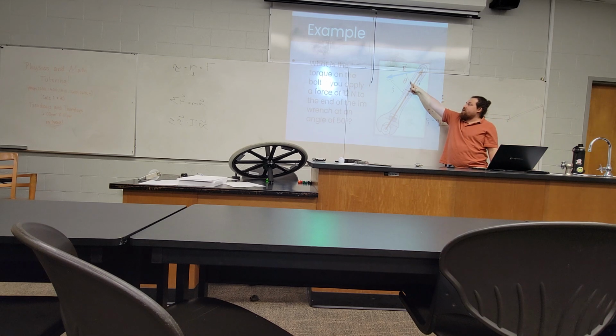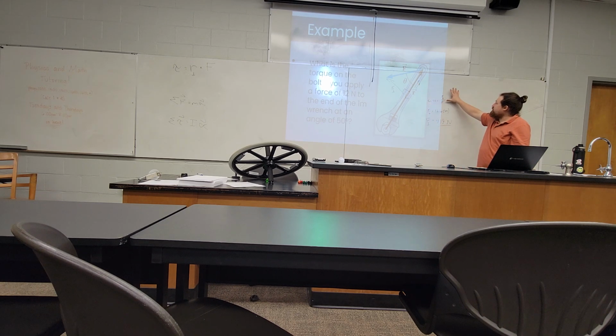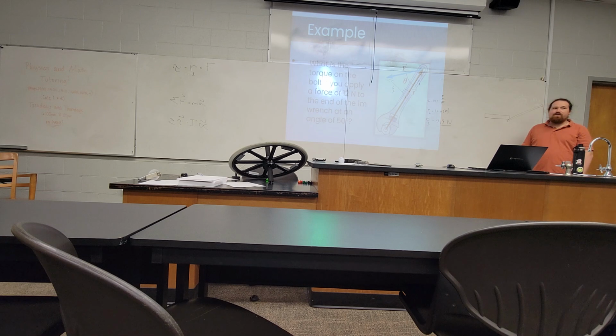If that's 50 degrees, drawing's not really to scale, sine of 50 equals perpendicular leg over the hypotenuse. Only about 9.19 of the 12 newtons are perpendicular, and so that is the amount of force that would go in the formula. So instead of 12 times 1, it's 9.19 times 1, and the amount of torque I produce is lessened for no other reason than the angle is wrong.